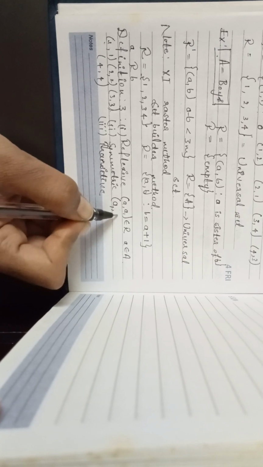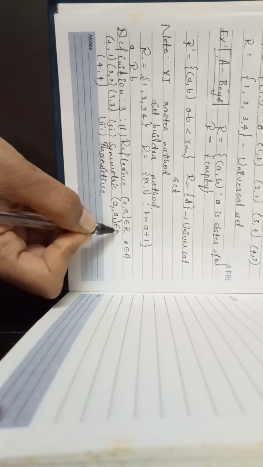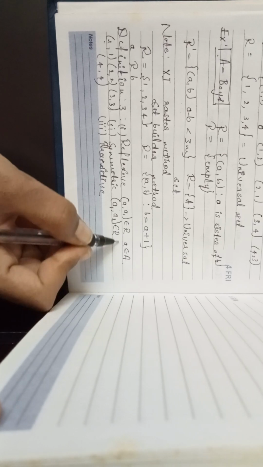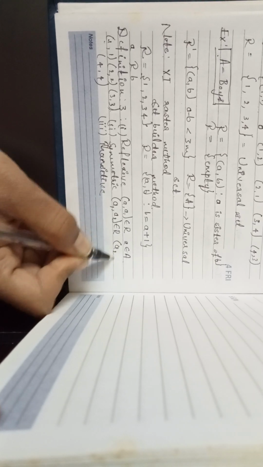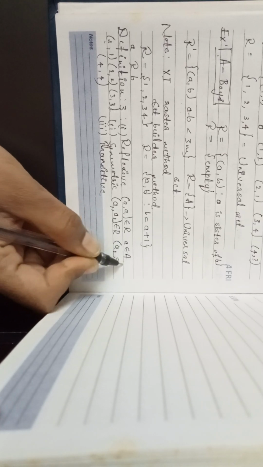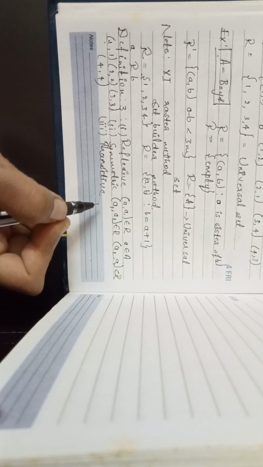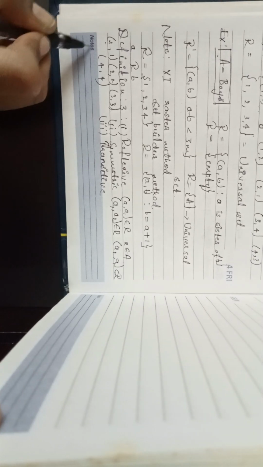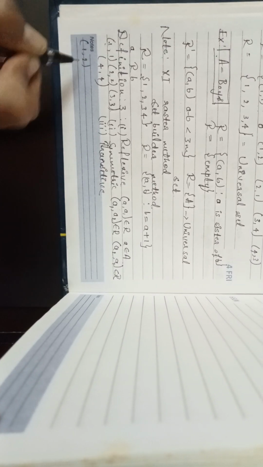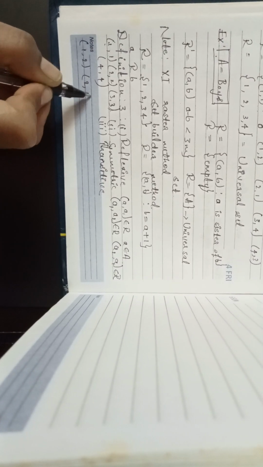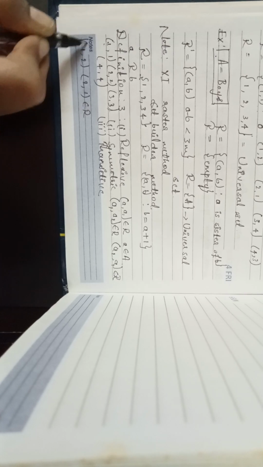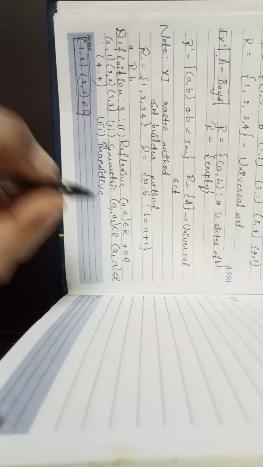If (A1, A2) belongs to R and (A2, A1) also belongs to R, that is a symmetric relation. So in case (1, 2) belongs to R and (2, 1) belongs to R, we call it a symmetric relation.